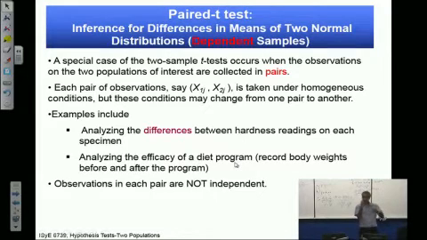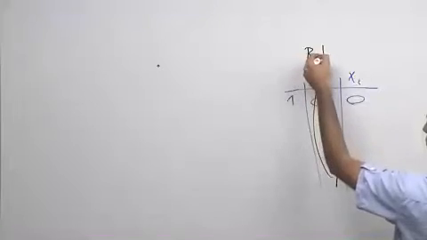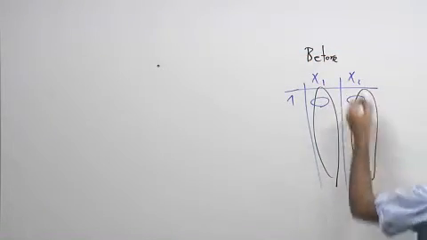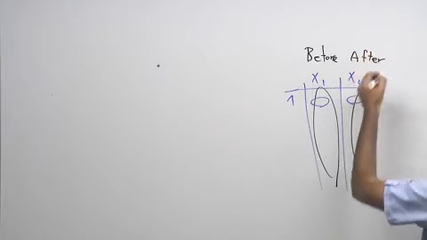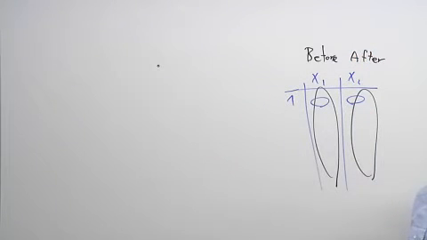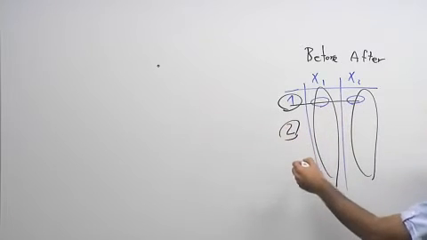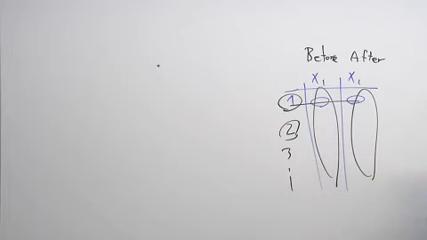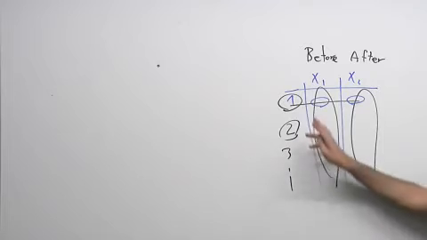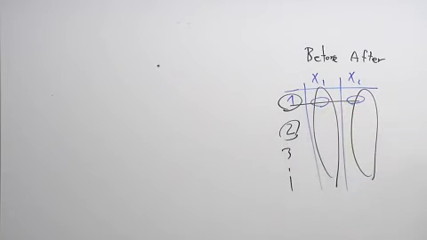So you're using the same person. Therefore, your sample from before and your sample from after are dependent. Why? Because this is one person. This is another person. This is another person. And so on and so forth. Okay? Is it clear the dependency between these two?